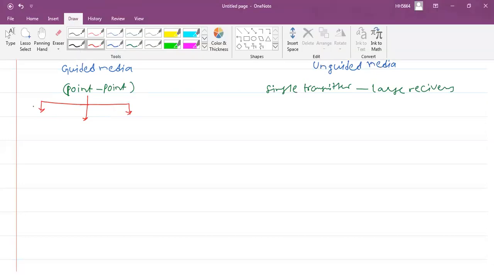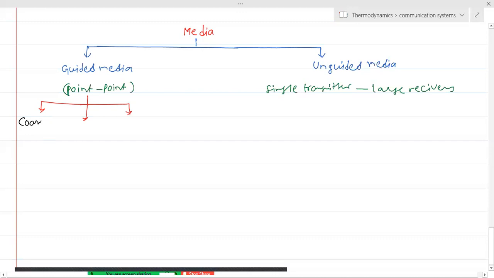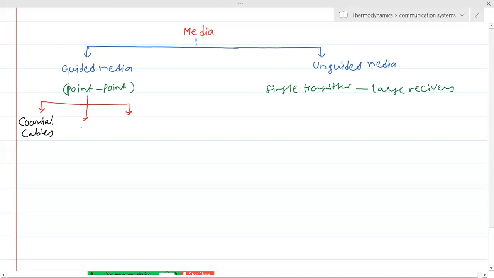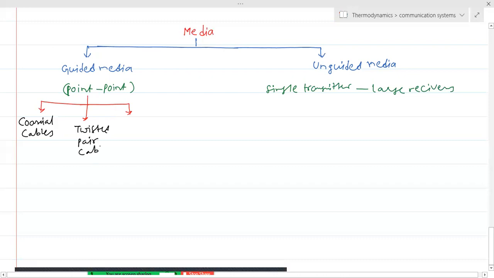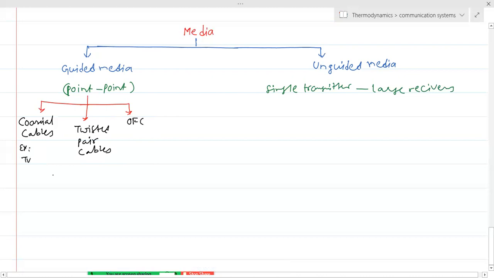One is coaxial cables, the other is twisted pair cables, and the last is optical fiber. Coaxial cable, for example, is the TV wire that connects the TV.